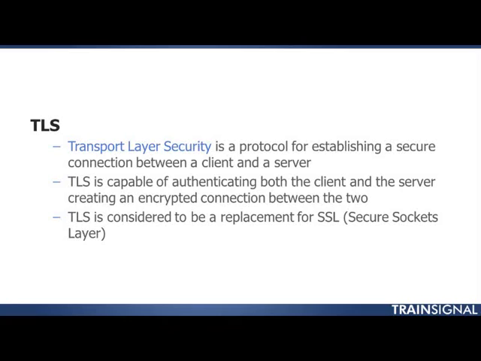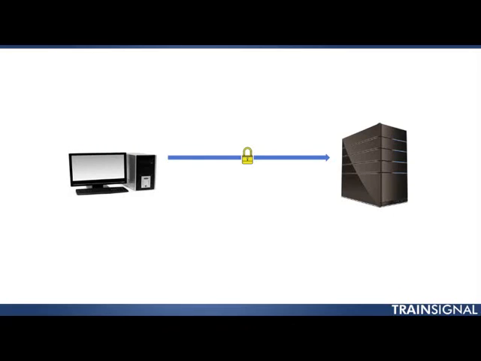And now the last protocol we're going to talk about in this lesson is TLS, which stands for Transport Layer Security. And this is a protocol which is used for establishing a secure connection between a client and a server. TLS is capable of authenticating both the client and the server. So again, I mentioned before where we talked about server authentication.